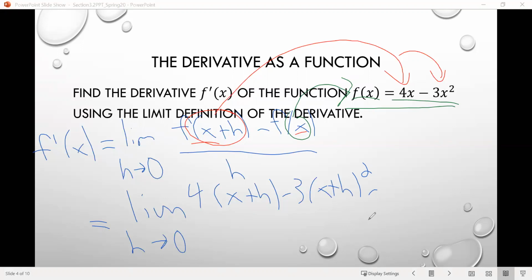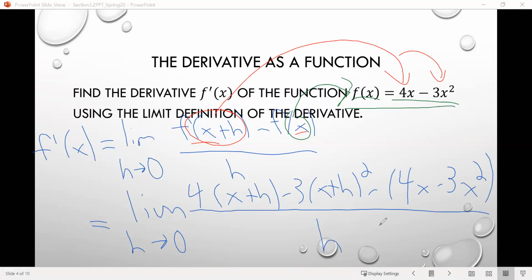So we would do minus 4x minus 3x squared all over h. Okay? So lots of stuff going on. X's and H's and things squared and not squared and just a lot of different things to deal with here.